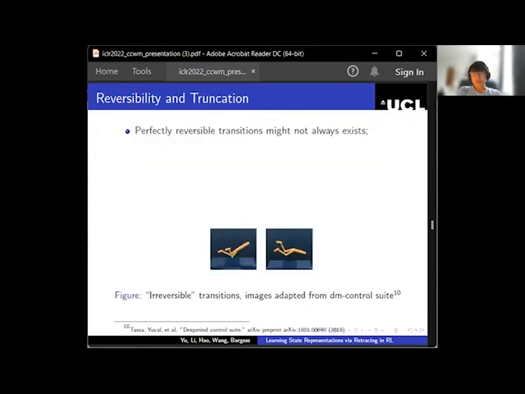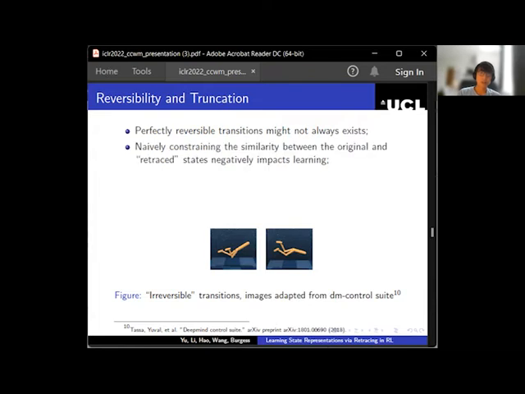One thing we specifically wish to note is that perfectly reversible transitions might not always exist. For instance, in the walker task from the DeepMind control suite, as shown in the figure below, when this bipedal android is falling down, as shown in the right panel, there exists absolutely no valid action that could take the agent back to its previous state on the left, because it's falling down due to gravity.